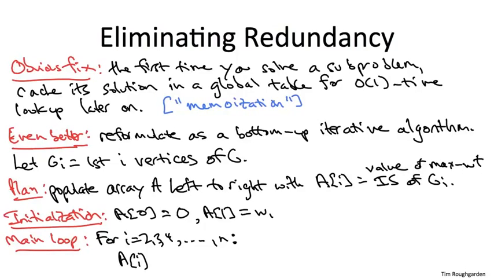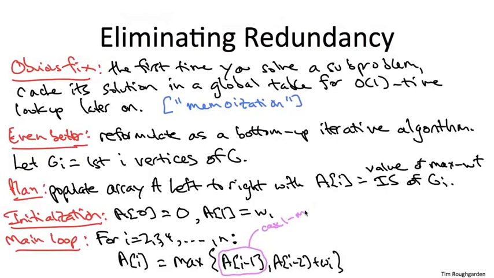When we consider the graph G sub i, how do we figure out what the max weight independent set is of that graph? Well, now we use completely directly the work that we put in the previous video. The previous video told us what an optimal solution has to look like, and it has to have one of two forms. We proved that either the max weight independent set of G sub i excludes the last vertex v sub i, and then is merely an optimal solution of the graph G sub i minus 1.